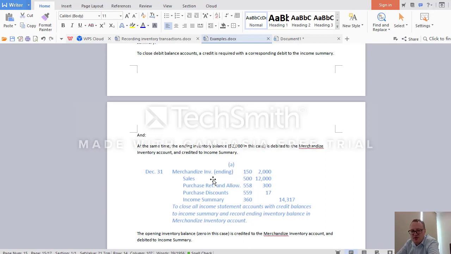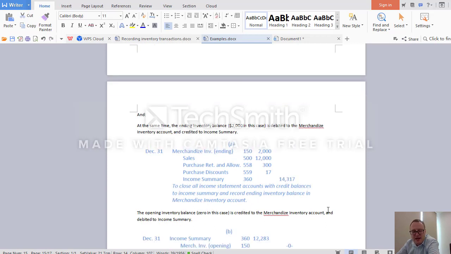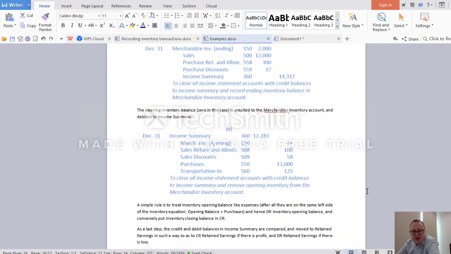That's why you will have merchandise inventory ending here. And you will transfer them into the income summary, and by transferring you will find the value of cost of goods sold.